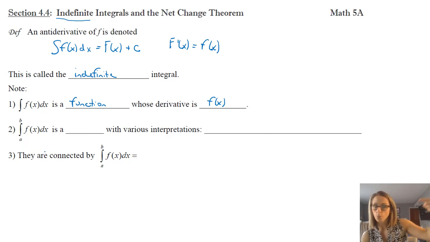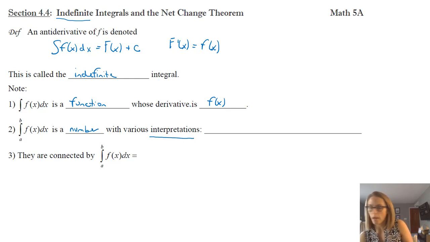And when you put those limits of integration, we've already talked about that this value is a number. When you do the limits of integration, you have various interpretations, meaning it's a number that can represent things.